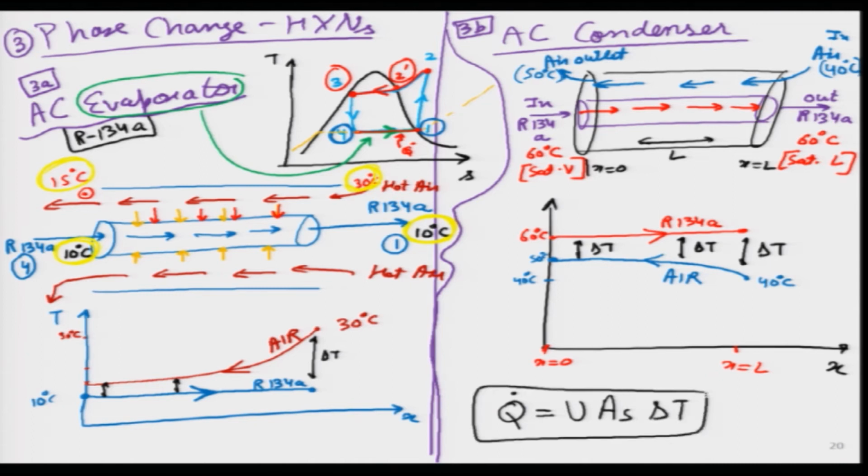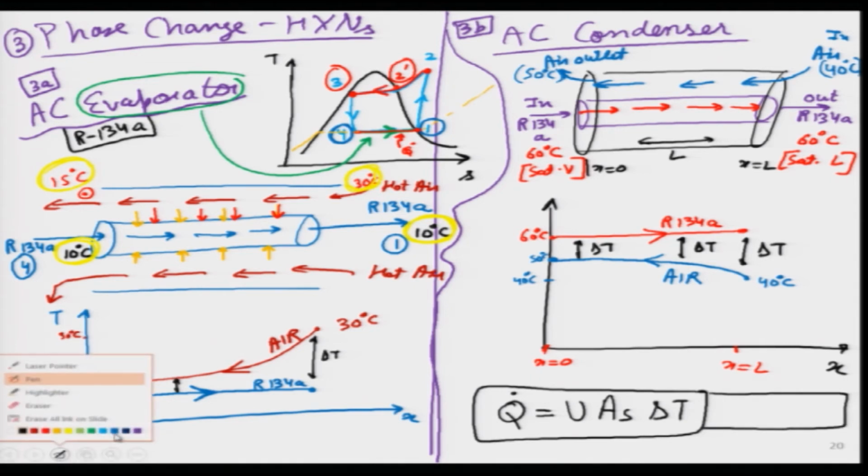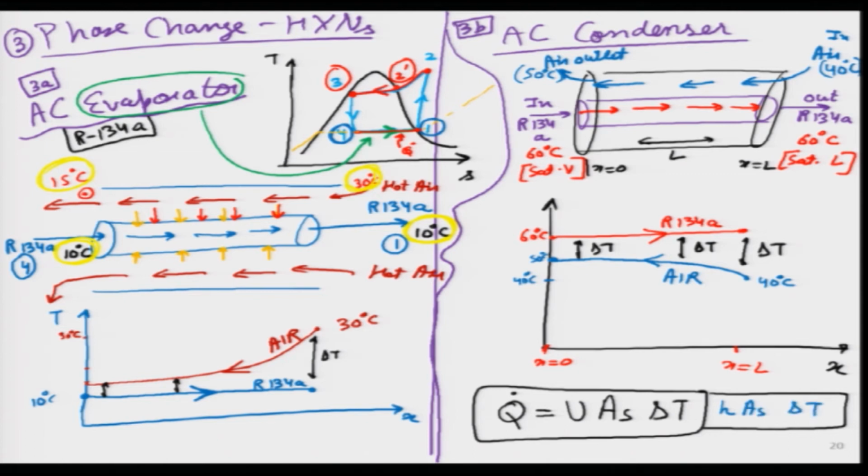So, I think students are familiar with seeing h come in this equation, that I should have written it like this, h A delta T. But now, what I want to do is make it slightly more complicated, not the equations, but I want to analyze the heat exchangers in more detail, which means I want to go from simple to complex.